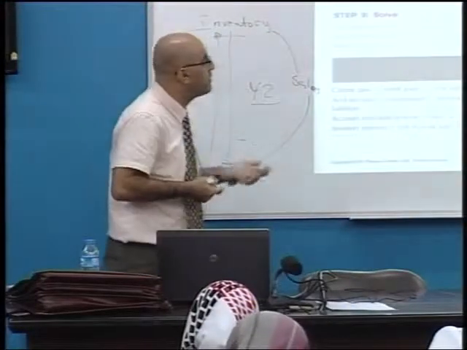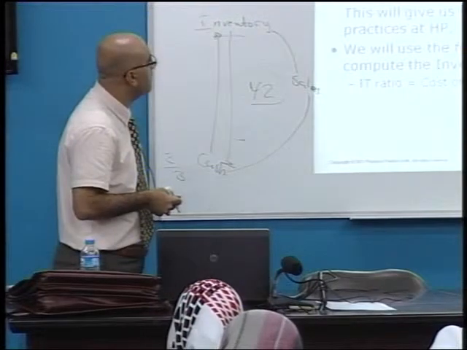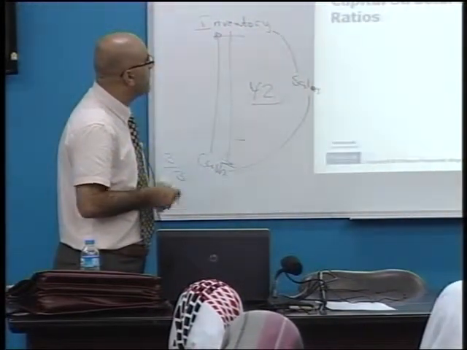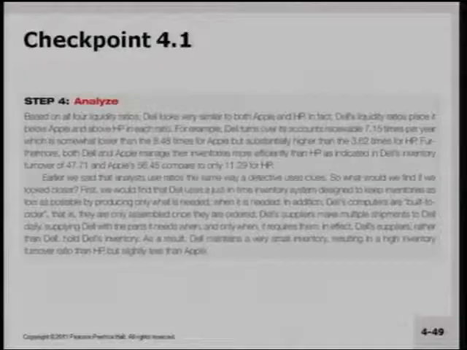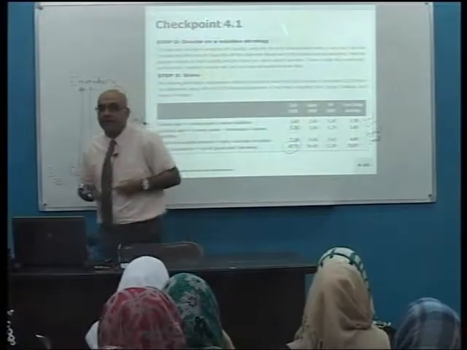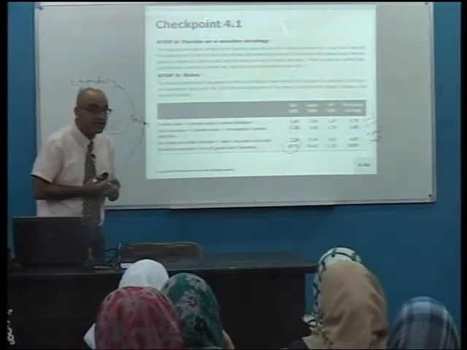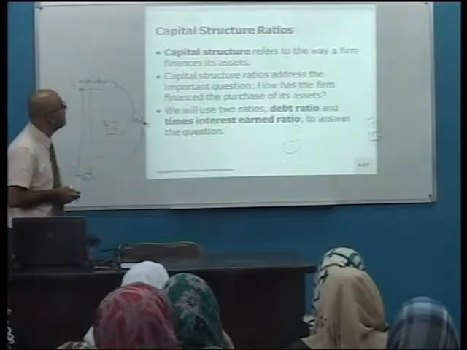It needs more discussion of the accounts. Go back to the checkpoints and try to think, where is the problem? Maybe the problem is in the cost of goods sold, maybe the problem is in the cash itself. So try to think and to judge the issues.